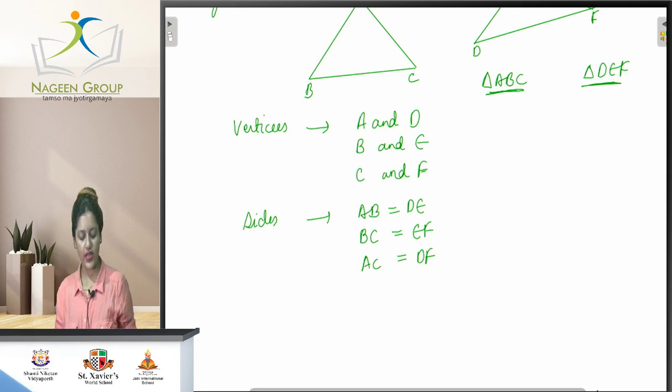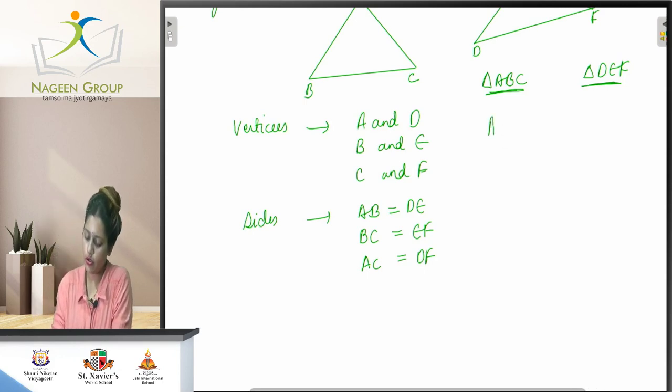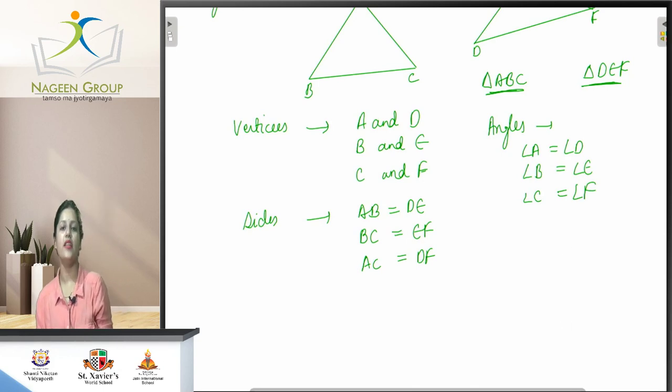The next one is angles. The angles are congruent in the form angle A equal to angle D, angle B equal to angle E, and angle C equal to angle F. So in this manner, angles are also congruent.